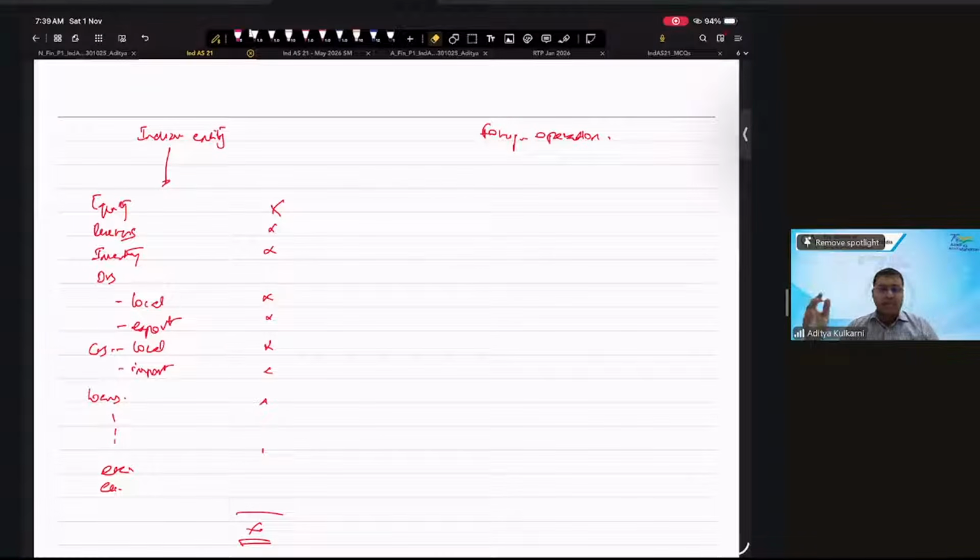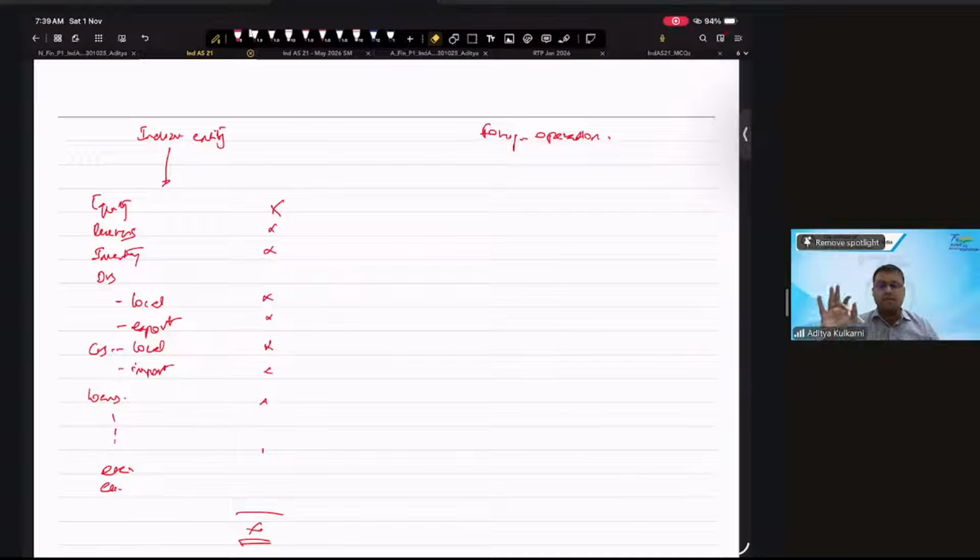The closing rate is the best representative of the foreign operation because that represents the realizable value of that branch in Indian rupee. And that is why for all your assets, all your liabilities, you don't have to even think about it. Just take the trial balance, convert it using the closing rate, and your story ends then and there itself.